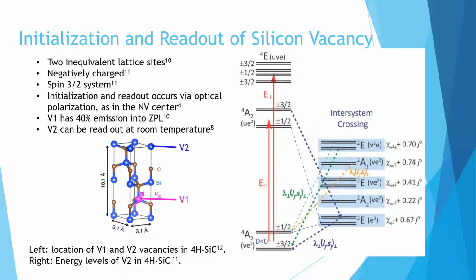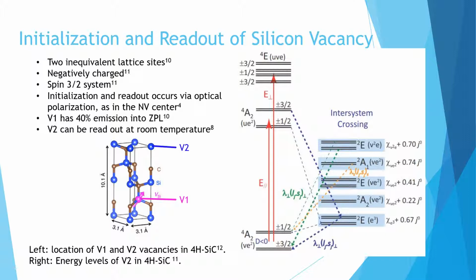And so you get spin-dependent fluorescence. You use that for readout. You get spin-dependent optical polarization for initialization as well. So that all works very similarly, just the numbers are a little different.